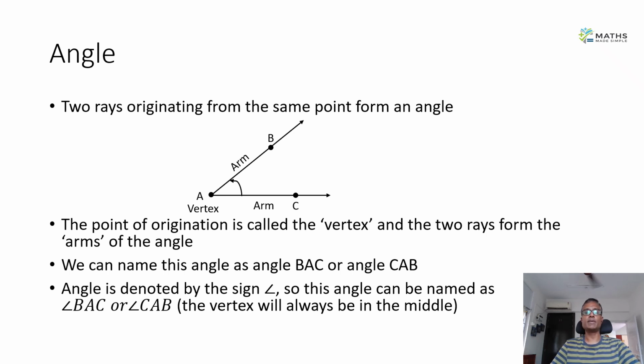In this particular picture, we can see that the angle is formed by the arms AB and AC, and both of them originate from the point A, which becomes the vertex. So we can denote this angle as angle BAC or angle CAB. But please bear in mind that always while naming an angle, the vertex would come at the center.